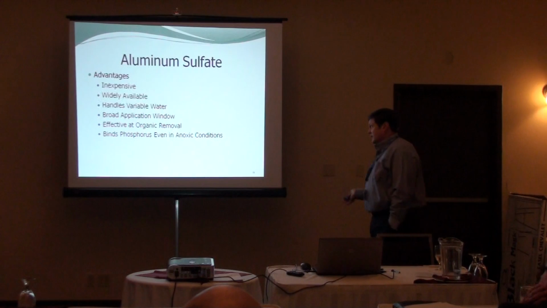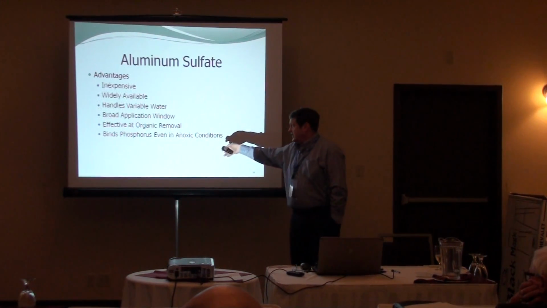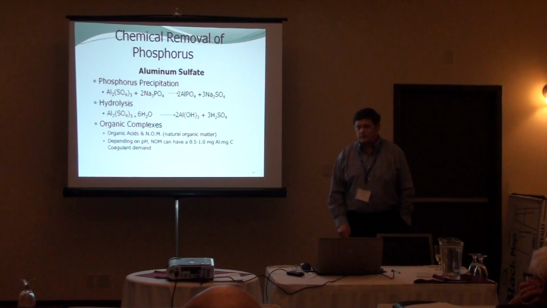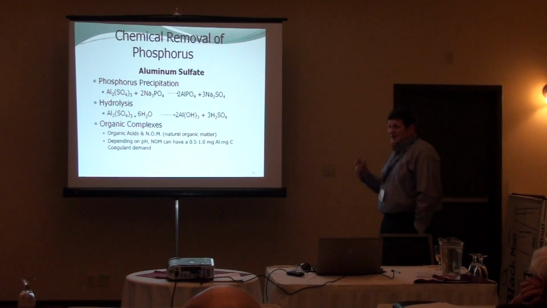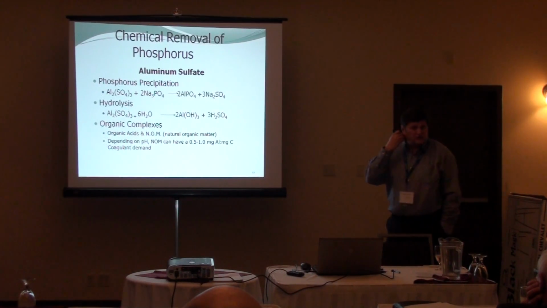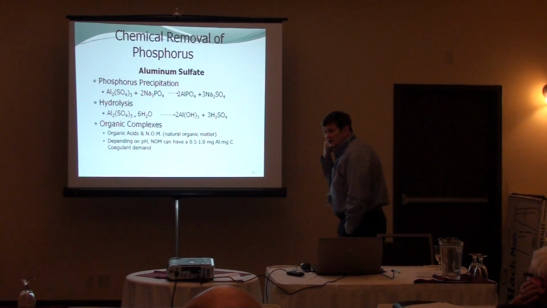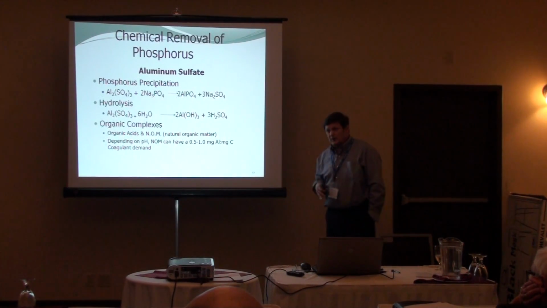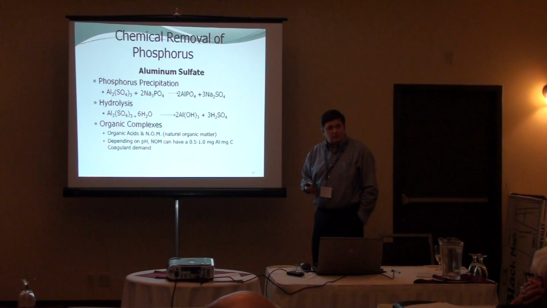Okay, again, it's just cheap. It's easy to handle. It binds in lots of conditions, so it has the advantage. That's why it's used a lot. There have been 180 peer-reviewed journal long-term studies happening, all in different journals, across Europe and the US. So we know a lot about it.